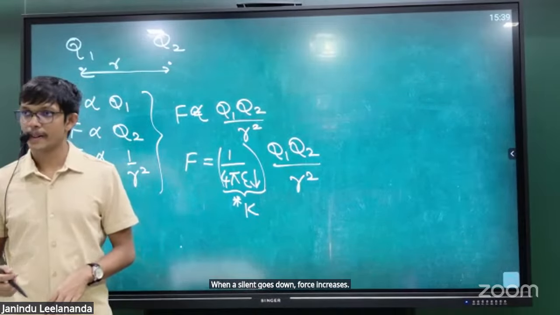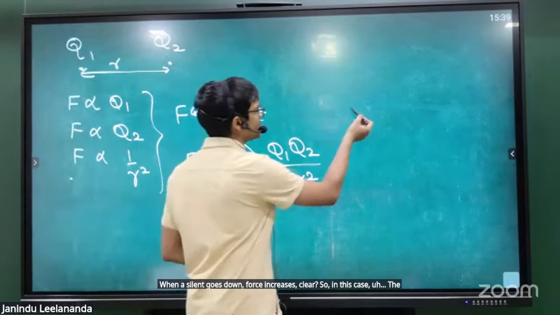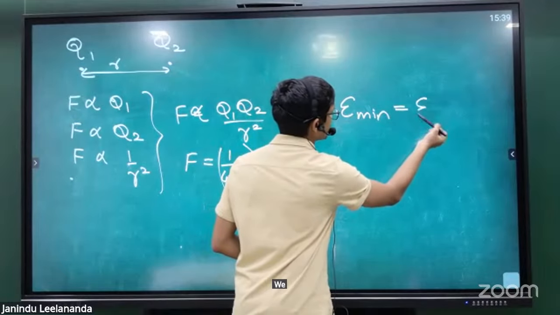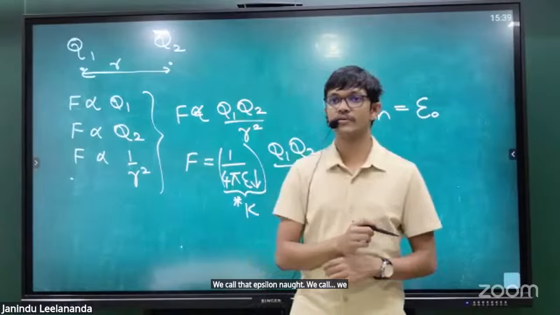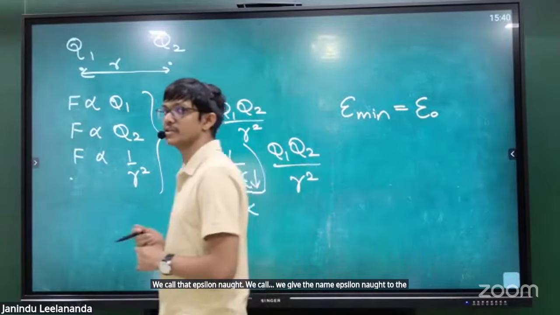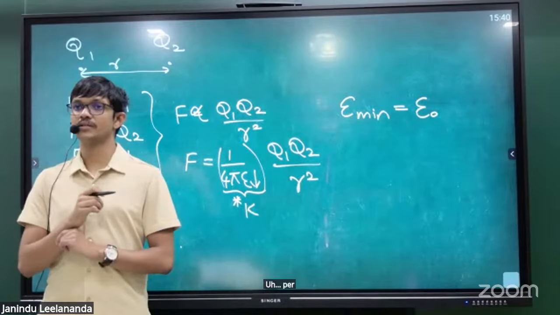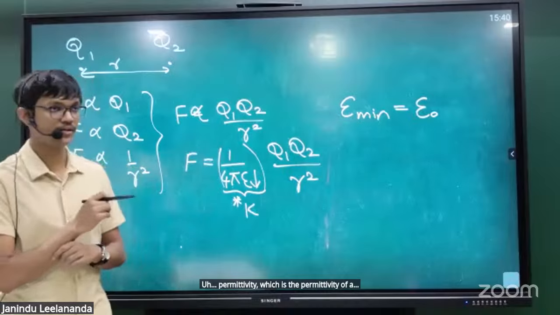So in this case, the lowest possible epsilon, we call that epsilon naught. We give the name epsilon naught to the lowest possible permittivity, which is the permittivity of a vacuum.